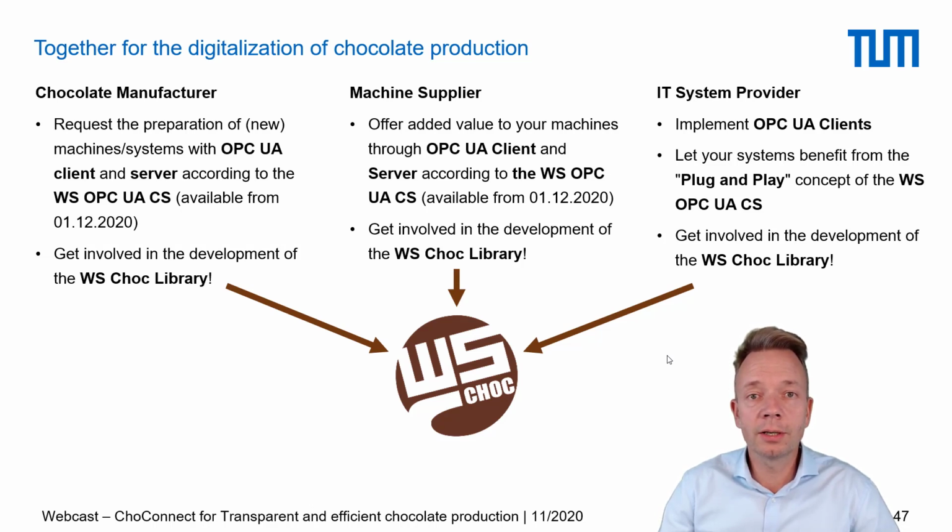And if you are an IT system provider, you've seen Siemens here as an example, but others are also invited to join us to implement OPC UA clients, because this will allow a fast, efficient and cheap installation of IT solutions according to a plug-and-play concept. Also, you as IT system providers are invited to join us to develop WS ChoC.